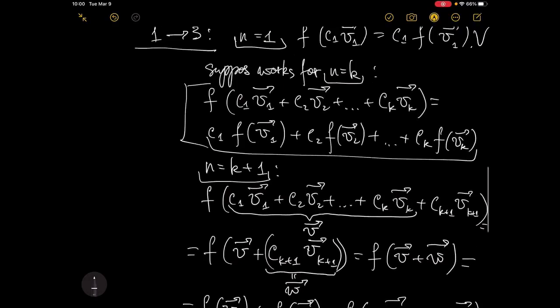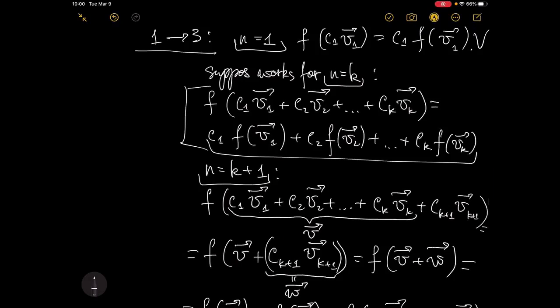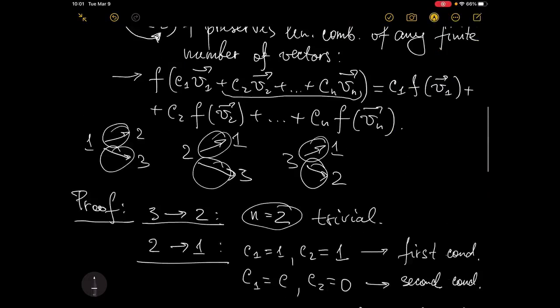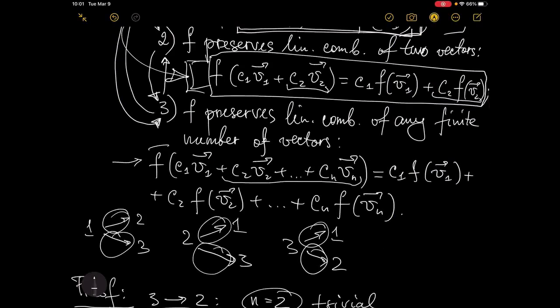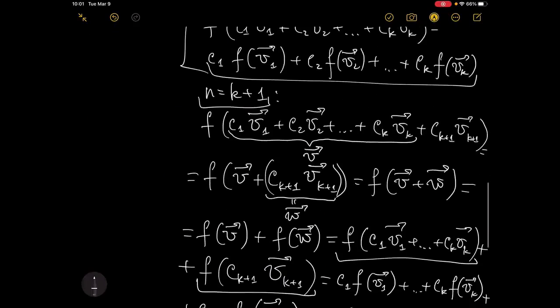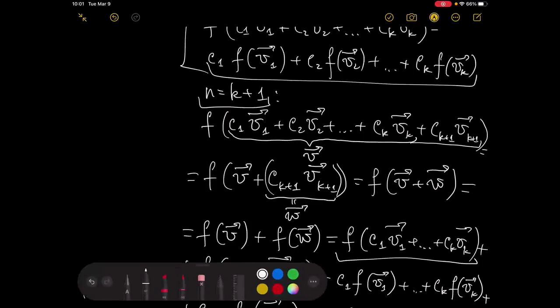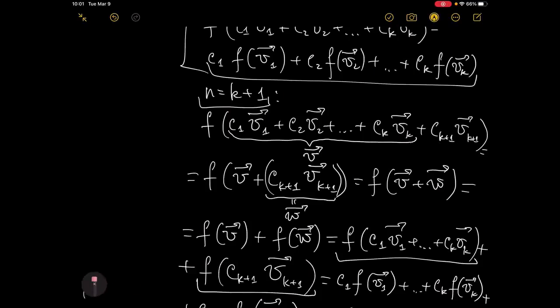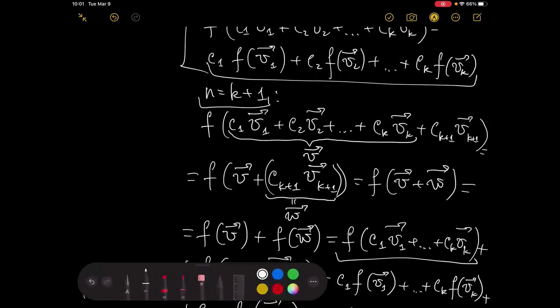Okay, the idea is the following. I need to prove that this formula works for n equal to k plus 1, right? So essentially, this is exactly the statement which I have written for n equal to k plus 1.